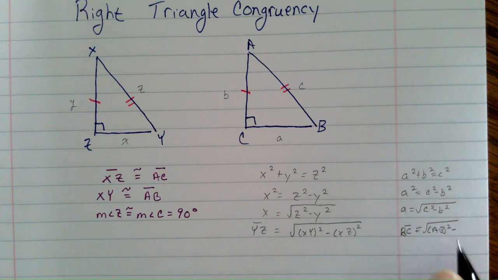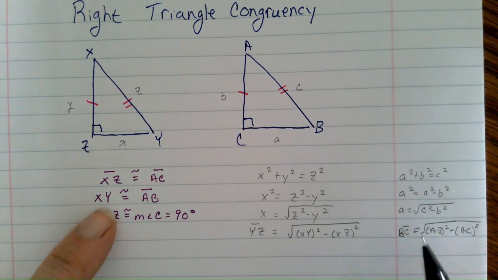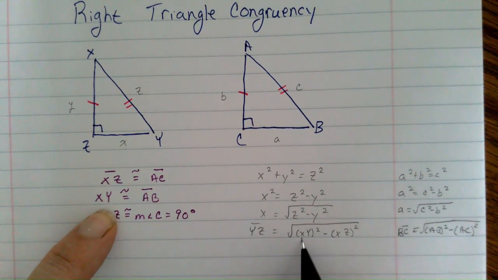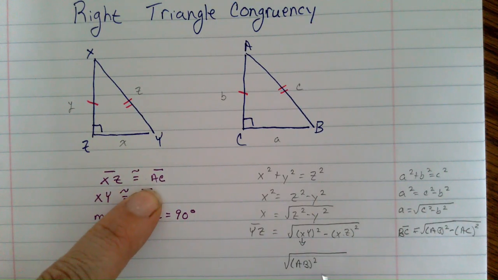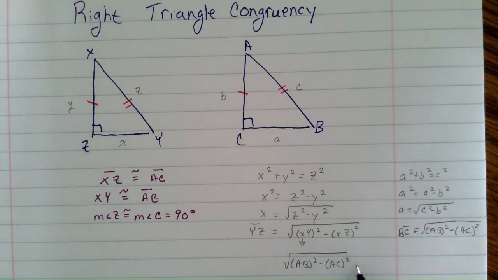And B was really AC. Okay, then we said XY is the same as AB, and XZ is the same as AC. Wait a second, isn't that the same thing as that?